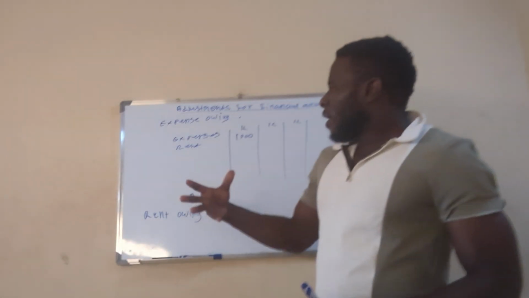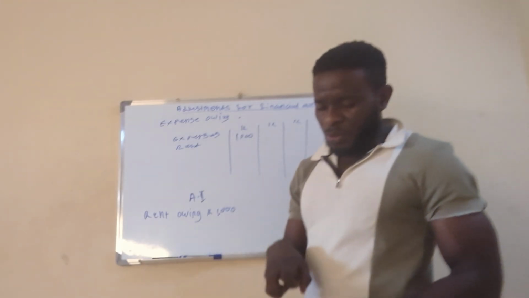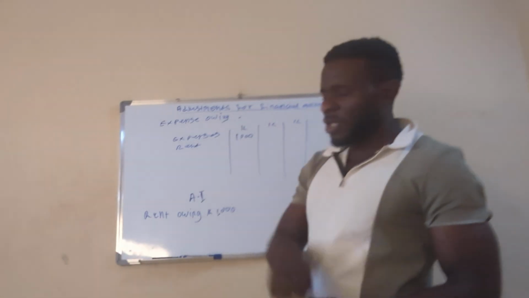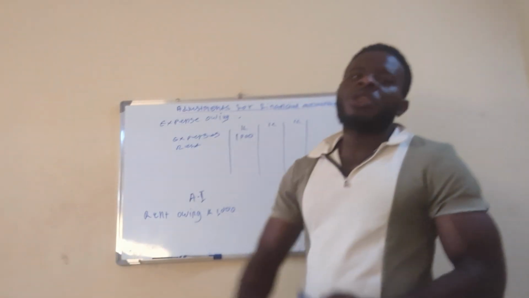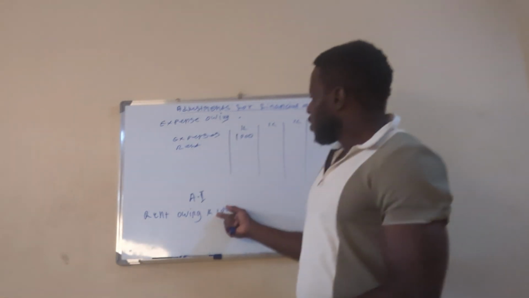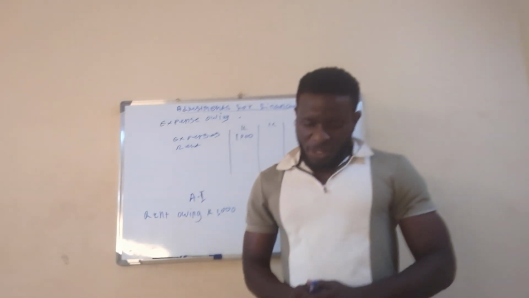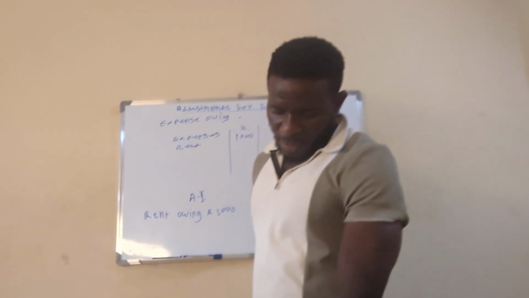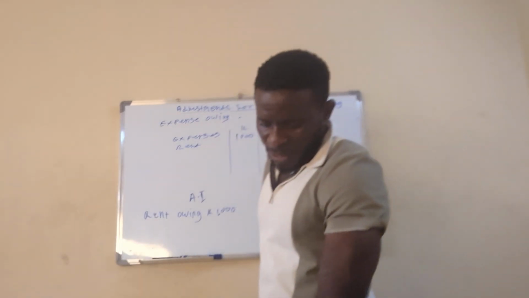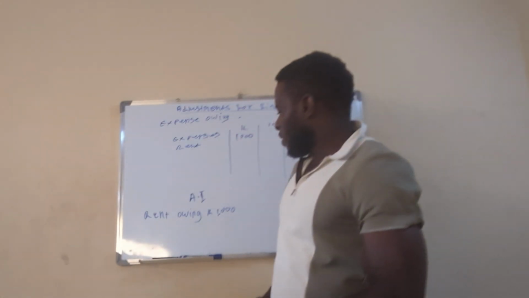So prepayment you subtract, and then the expenses owing you add. So this should be added to this so that we can have the total amount of expenses that we are supposed to pay in that accounting period.